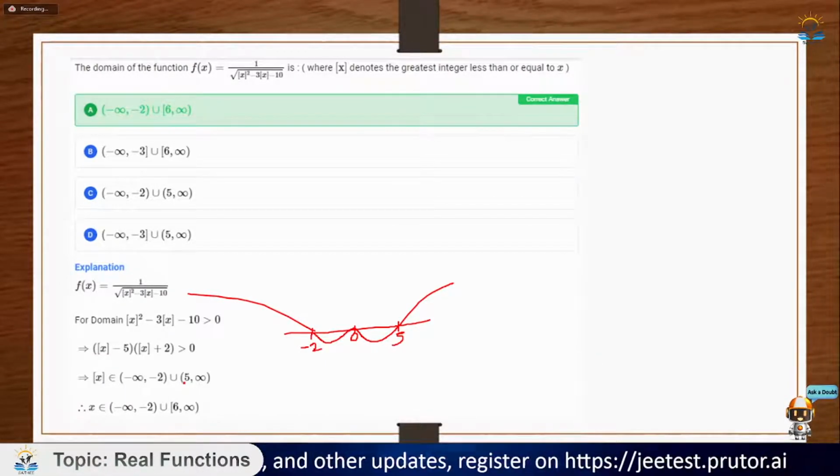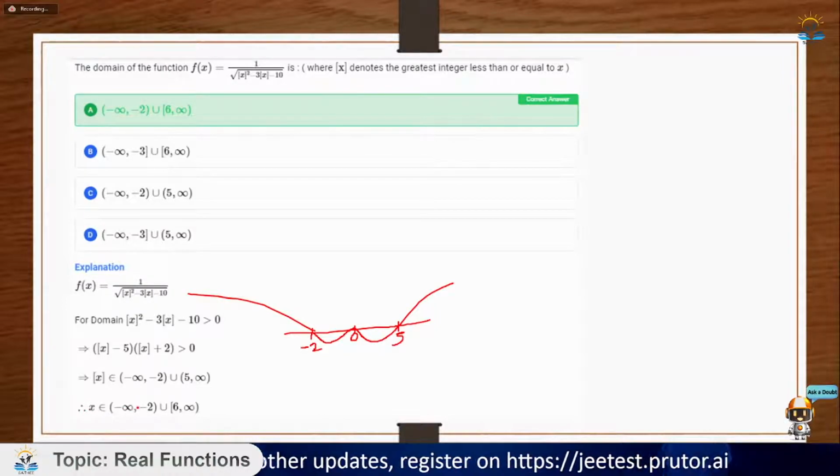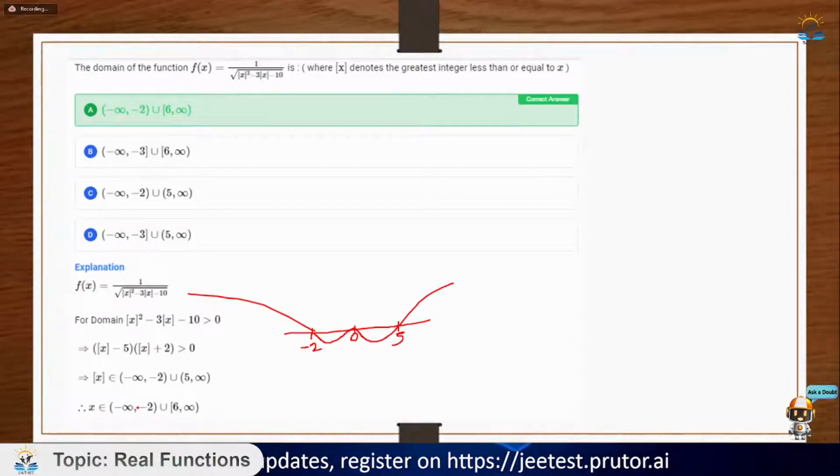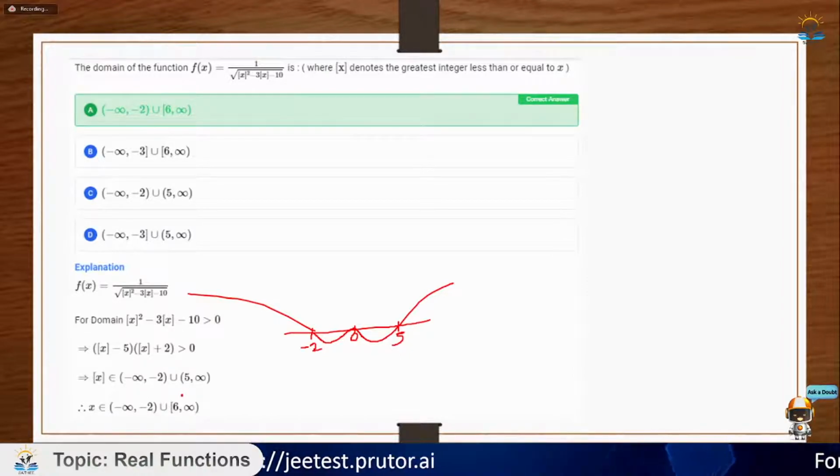So my answer would be from minus infinity to minus 2, both not included, union. You can also say from 5 to infinity, but the 5 should not be included in your answer. So that's why my answer would be from 6 to infinity. So the right answer is nothing but option A. Okay.